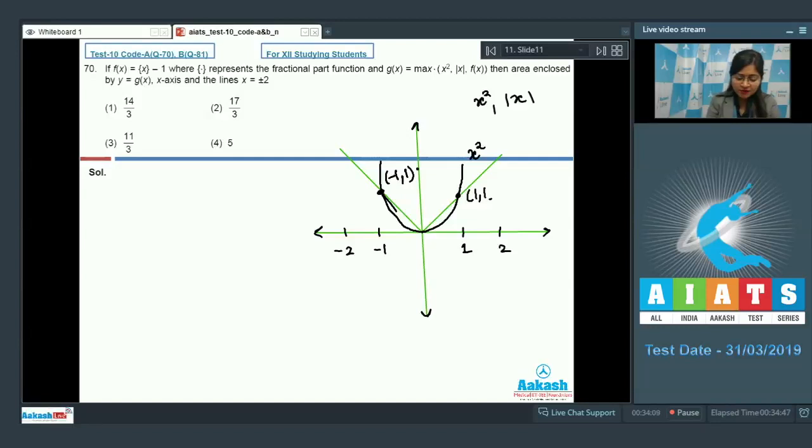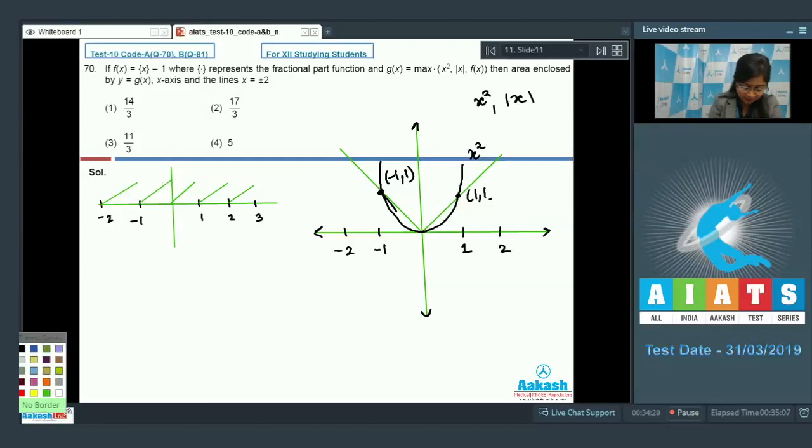Now the graph of fractional part of x minus 1, let's make it separately. We know that the graph of fractional part of x is like this, right? So the graph of fractional part of x minus 1 will be shifted 1 unit downwards.